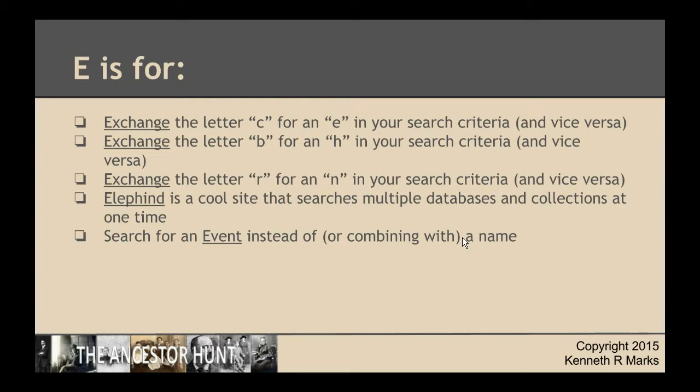In fact, one actually was injured as a result of the earthquake, and I couldn't find him in April of 1906, but when I put in the term San Francisco fire or San Francisco earthquake along with his name, I was able to find some articles that were actually published in different parts of the country that listed his name as one of the folks that was injured. So make sure that you put in events as part of your search criteria from time to time.